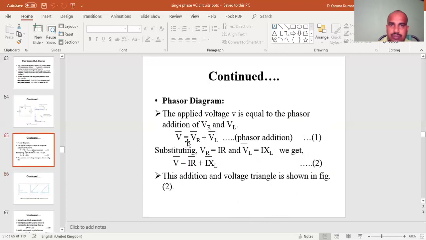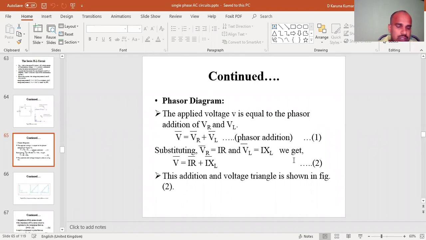Now the applied voltage V is equal to the phasor addition of VR plus VL. V is the total voltage, the source voltage, the input voltage V of t, equal to VR, the voltage across the resistance, plus VL, the voltage across the inductance. Substituting VR equal to I into R and VL equal to I into XL, we apply Kirchhoff's law.